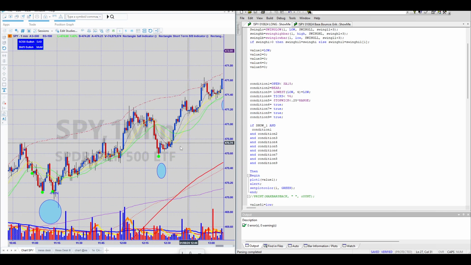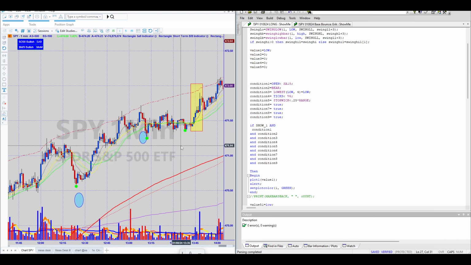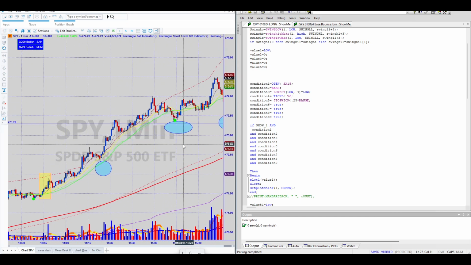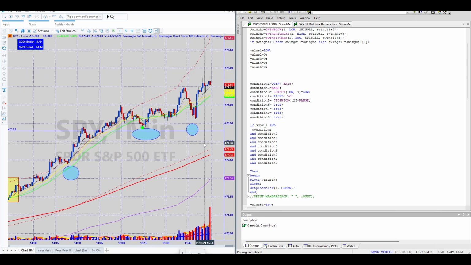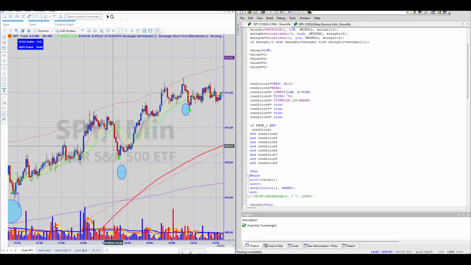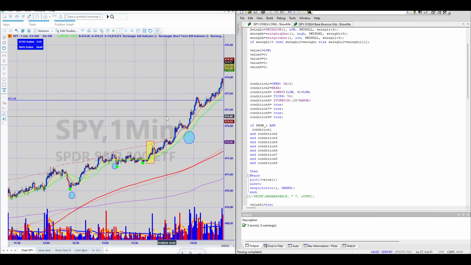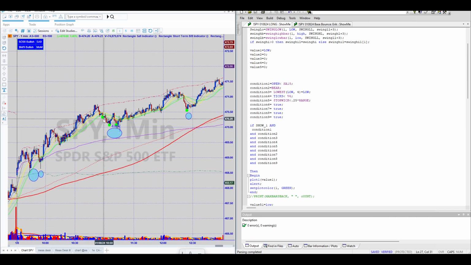Those volumes there are also fairly low. All these volumes being under the 6-period moving average are fairly low, and they are the bottom of their moves, so they look great. So out of all these, we just have the one that doesn't.